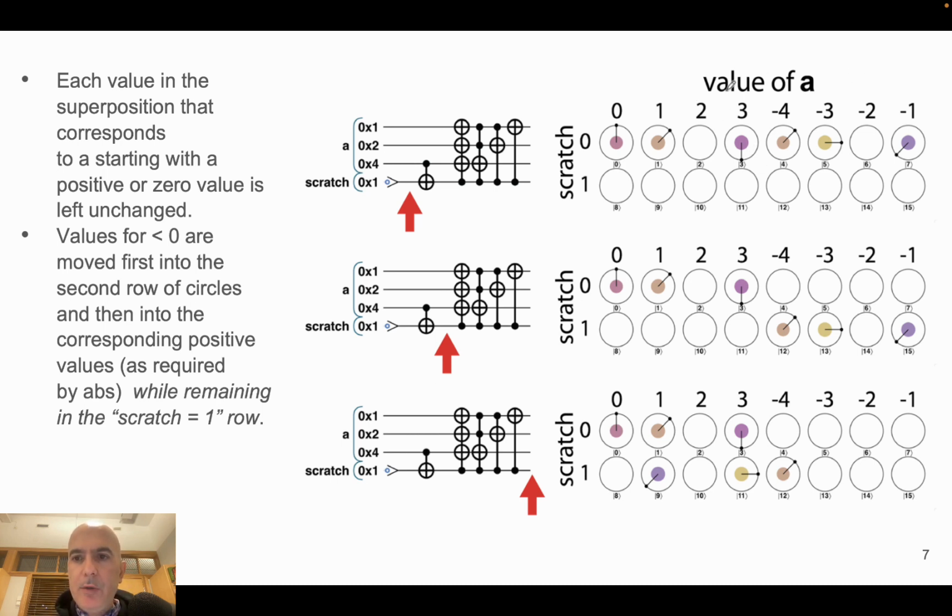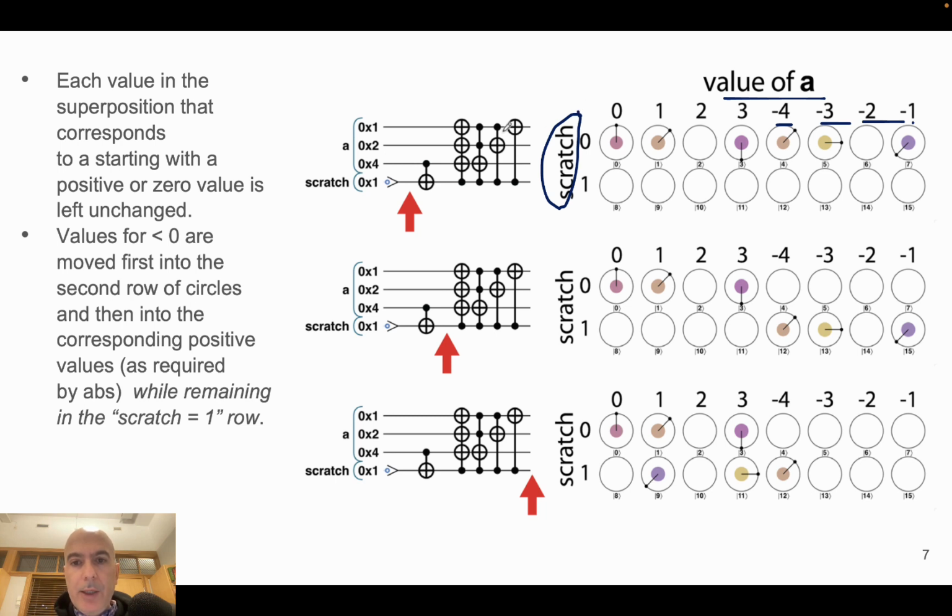We use this circle notation for the different values of A. We have 3 qubits, which means that we have 8 values, and we're using negative integers, so we know that the highest qubit is for a negative number. Then we use the 2 columns for the 1 qubit that is our scratch qubit.